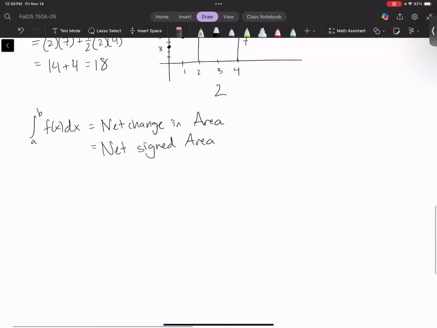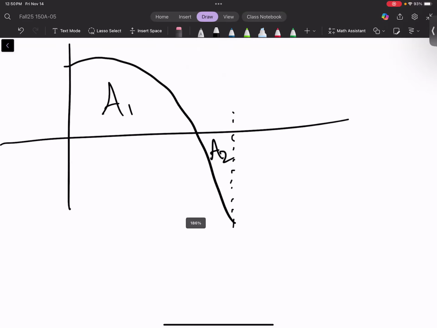As kind of a picture here, if we're looking at a function that looks like this, and I want to integrate on this interval here, this has an area and this has an area. So I'll label them A1, A2, right? That's an A2 there.